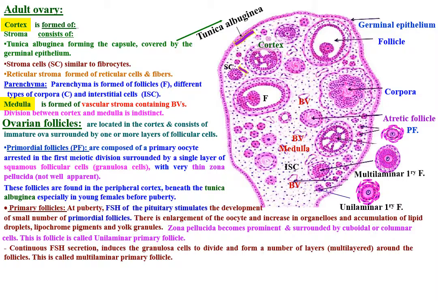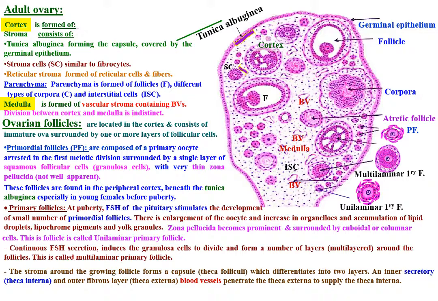The stroma around the growing follicle forms a capsule, theca folliculi, which differentiates into two layers, an inner secretory theca interna and outer fibrous layer theca externa. Blood vessels penetrate the theca externa to supply the theca interna.